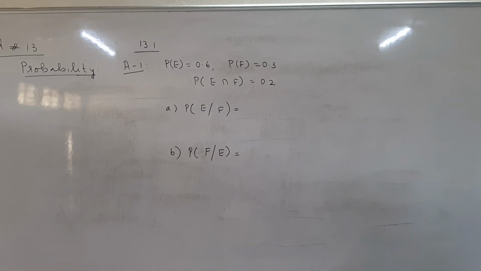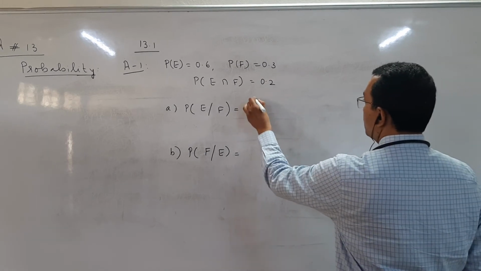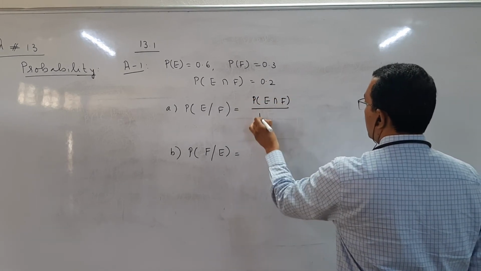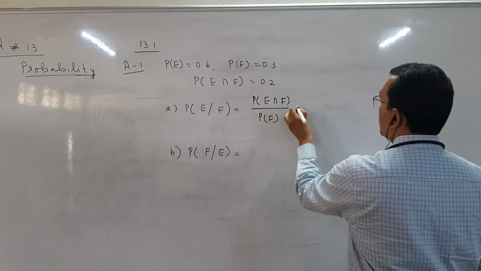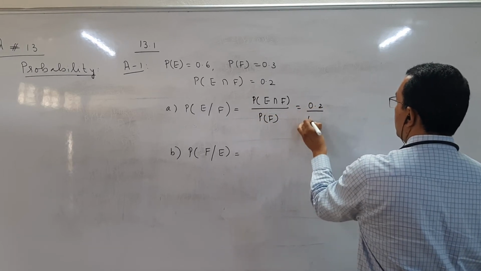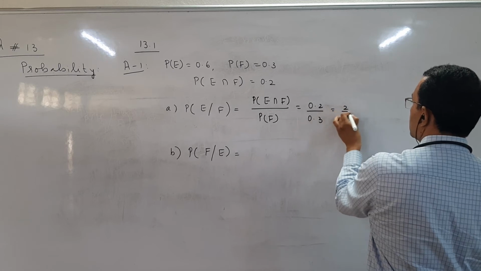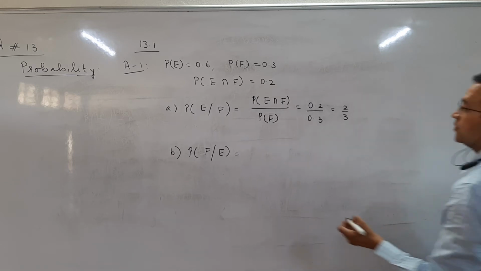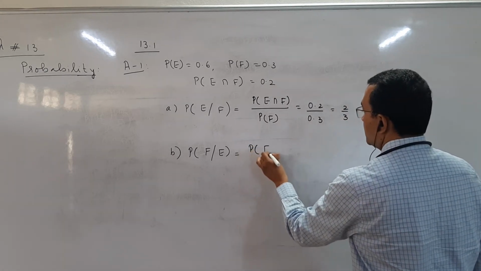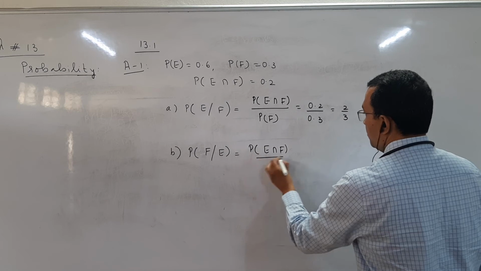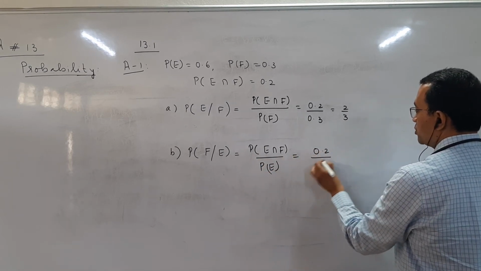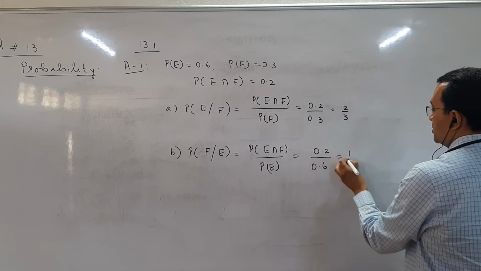Okay students, now try to pay attention and understand the basics. Now probability of E given F, the formula is probability of E intersection F upon P of F. So this is 0.2 divided by 0.3. So this is 2 by 3 or 0.66 recurring. So you can write 0.67. Then probability of F given E will be P of E intersection F upon P of E, where P of E is not equal to 0. So 0.2 upon 0.6, so 1/3.